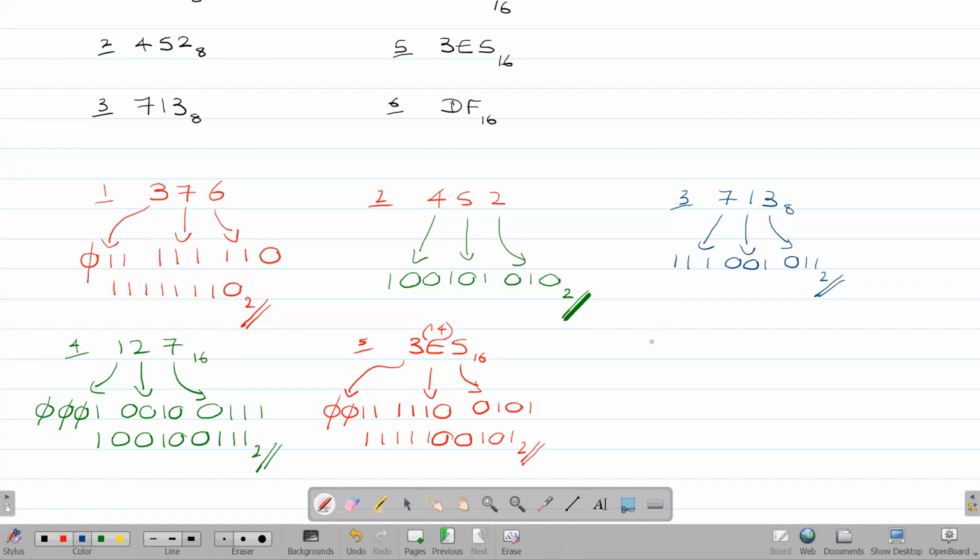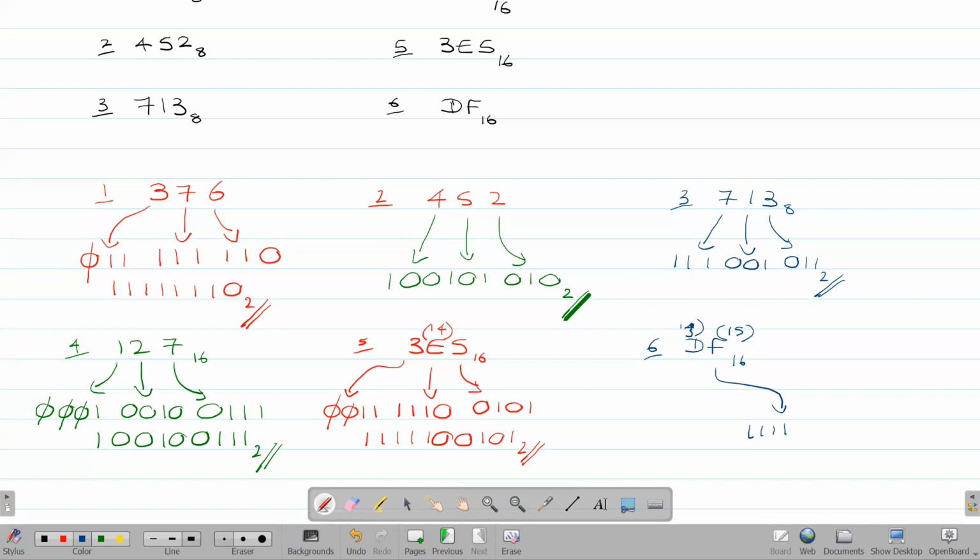Right. So the sixth, it is TF16. F stands for all ones because F means 15, D means 14. Not the 14, it's 13.